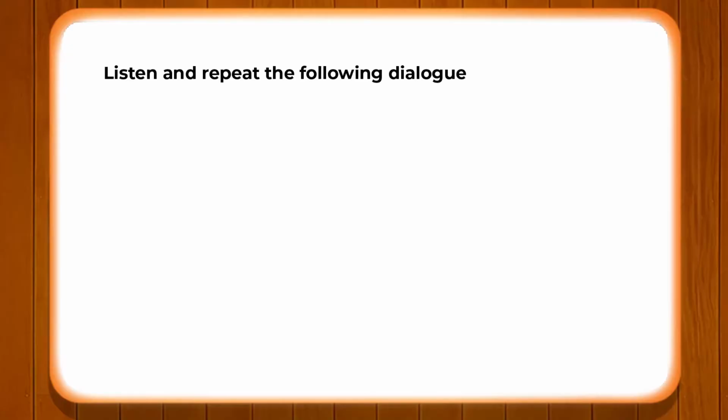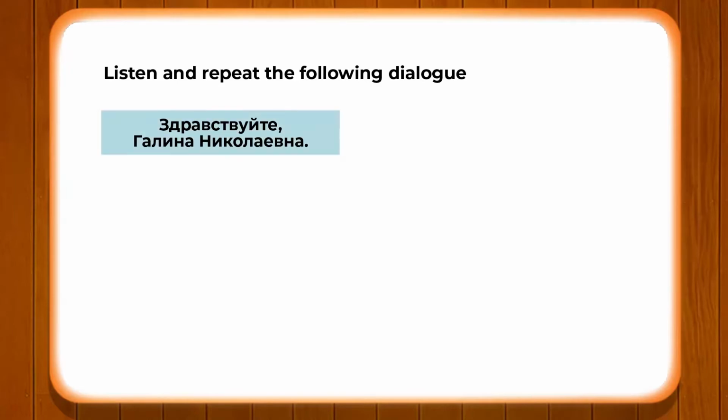Now all these expressions which you just learned, we will be using in the form of a dialogue so that you have a fair idea about how to use these expressions regularly. Здравствуйте, Galina Nikolaevna. Здравствуй, Anna. So here you can see Galina Nikolaevna and Anna, two characters who are talking.